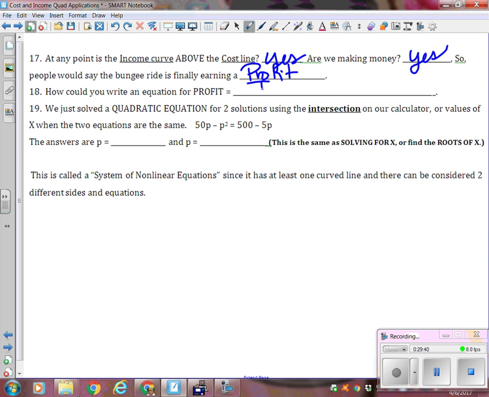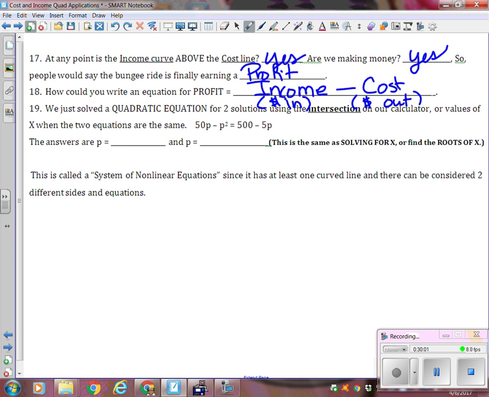There you go. Take the money that you come in, which is your income, subtract the cost, which is the money that you have to pay out, and what's left over is your money to keep and do what you want with. Okay? So that would be your profit.